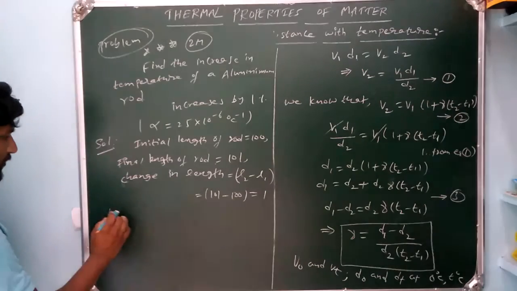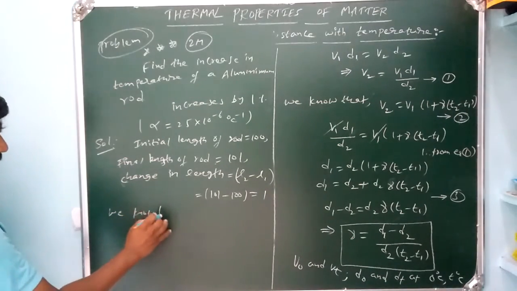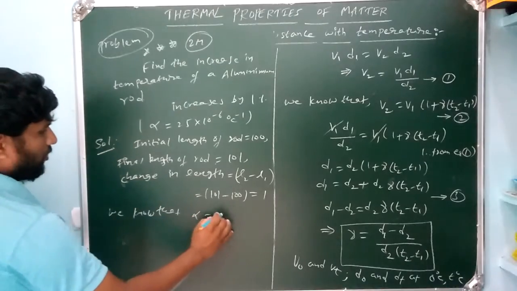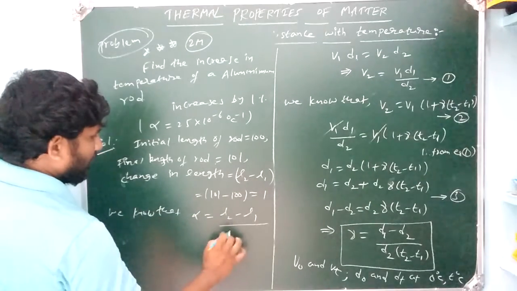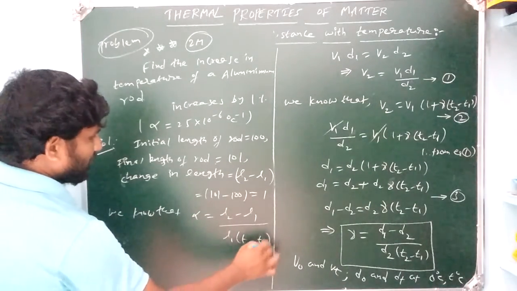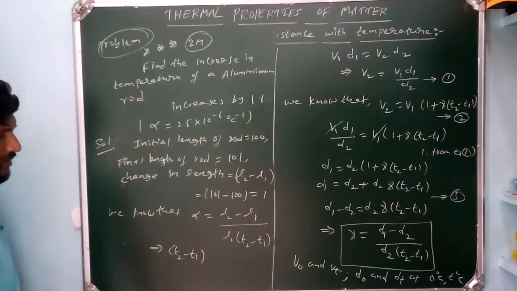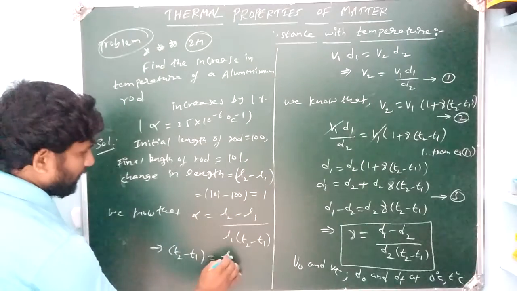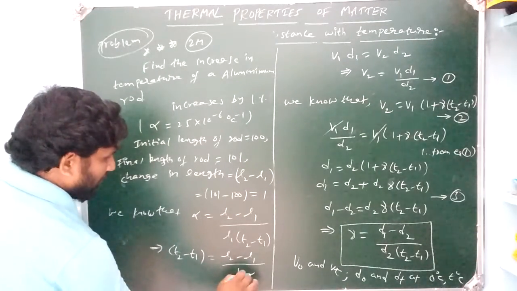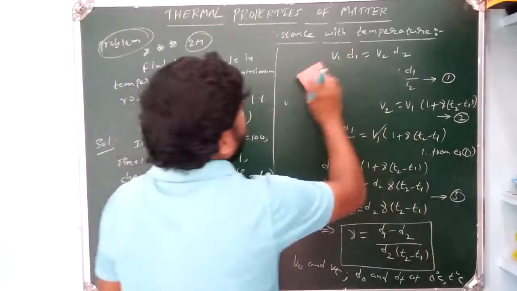We know the formula alpha equal to L2 minus L1 by L1 into T2 minus T1. Now we calculate the increase in temperature, T2 minus T1, which equals L2 minus L1 by L1 into alpha.